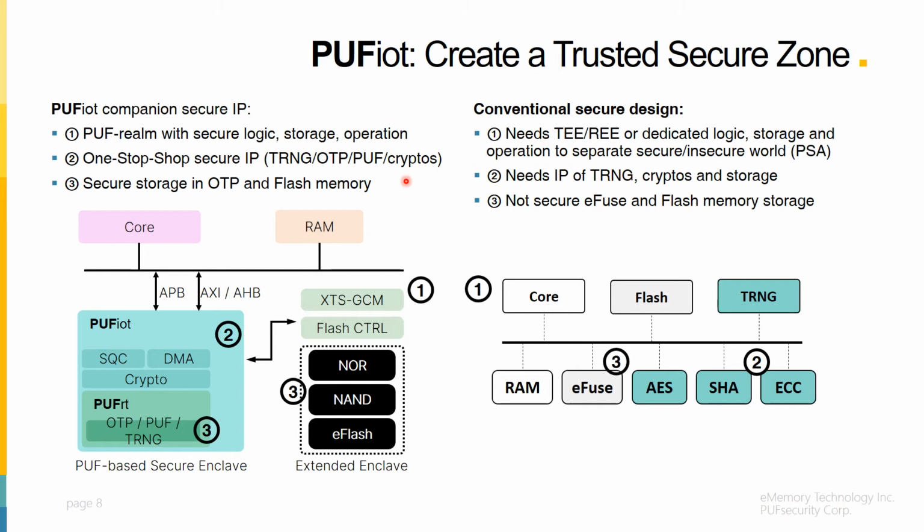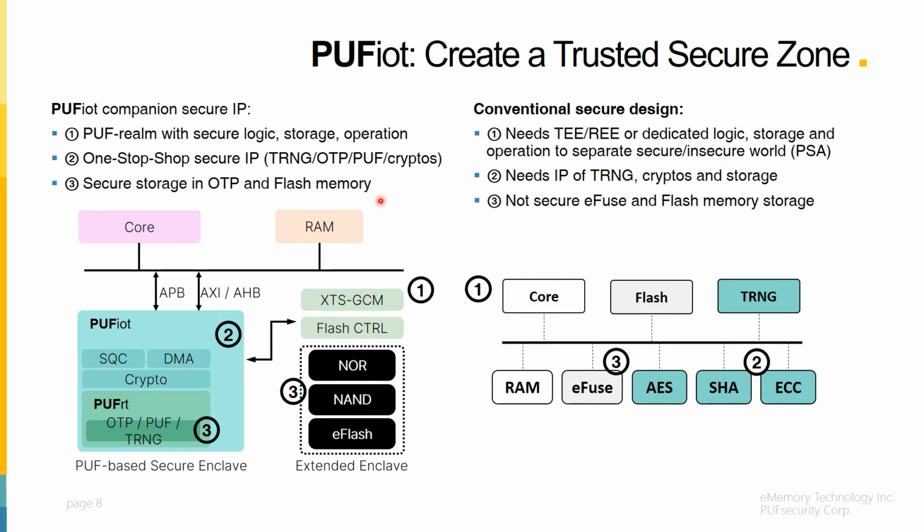We want to build an easy-to-adopt IP to create a trusted zone to easily enhance and meet the security requirements of any systems. The use of PUFiot does not require a CPU or boot code, which also means fewer CPU vulnerabilities and is easy to adopt in any system.